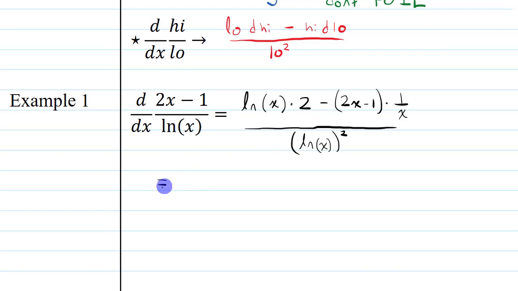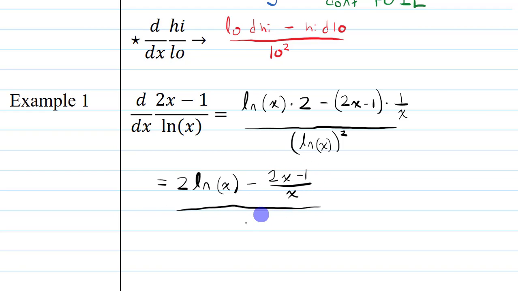This is now equal to 2 times natural log of x, and this is going to be subtracting a fraction: 2x minus 1, all of that divided by x, and then all of this thing is divided by natural log of x quantity squared. The end.